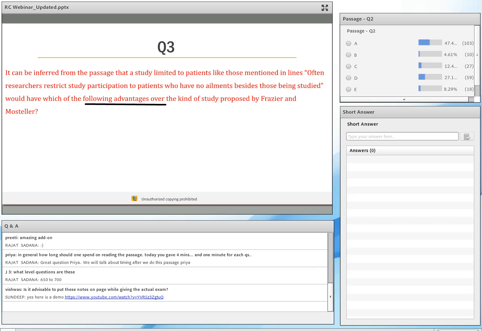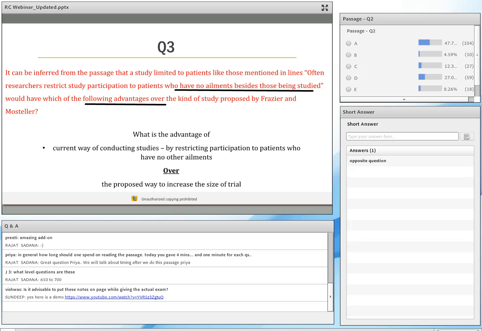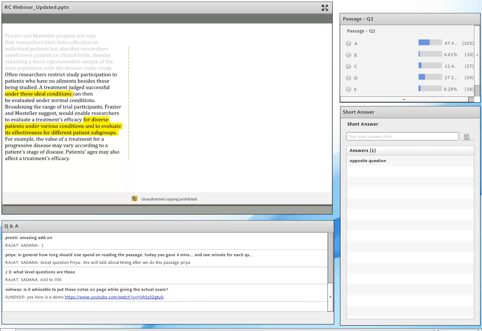This particular question is what is the advantage of limiting the patients to just that select group of patients who have no ailments besides those being studied. It's not exactly the opposite question, but it's a very different question.